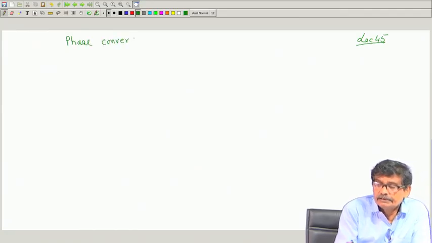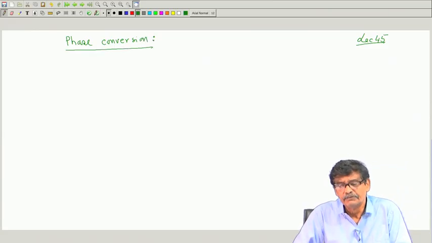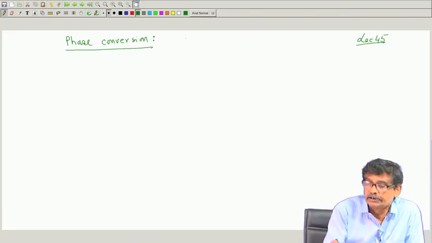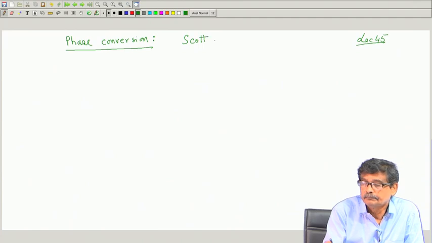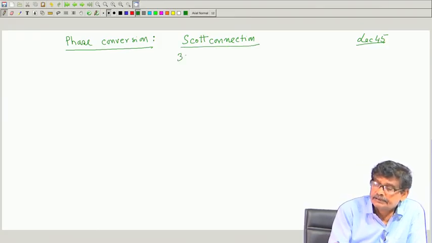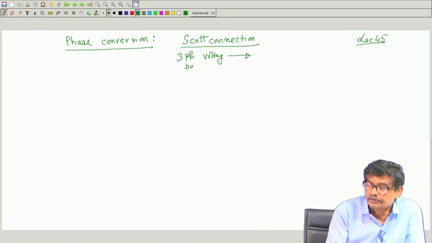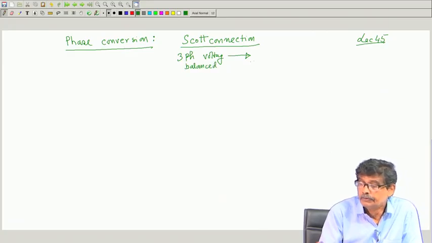We will briefly discuss that phase conversion, of which one very popular connection is called Scott connection, which changes a given three phase voltage, it converts to a three phase balanced voltage, of course, to a two phase balanced voltage.